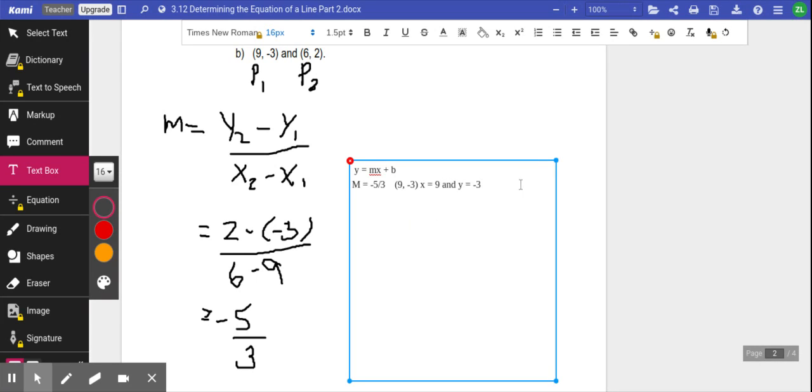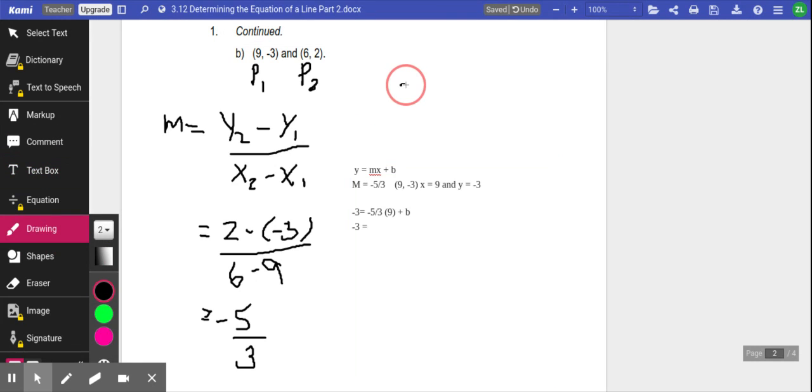Okay. So if we just continue on with this and fill it in, y is negative 3 equals, we know our slope is negative 5 over 3 multiplied by x, which is 9, and then our unknown once again being b. If we go and do the multiplication here, I'll just draw it up again so I can show you.